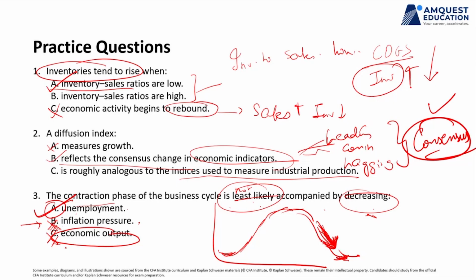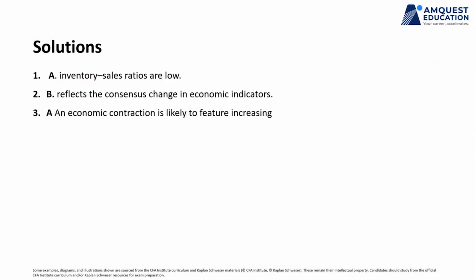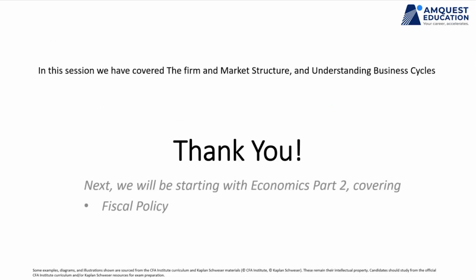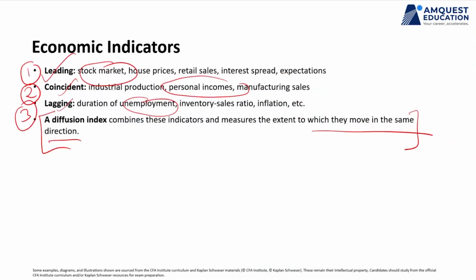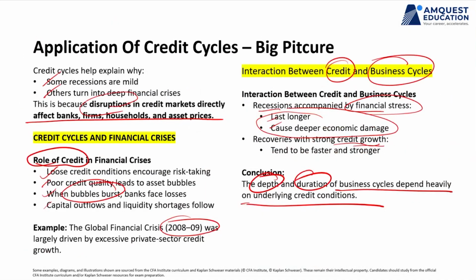So here we know unemployment is actually increasing and therefore the answer is C, increasing unemployment. Clear? Okay.